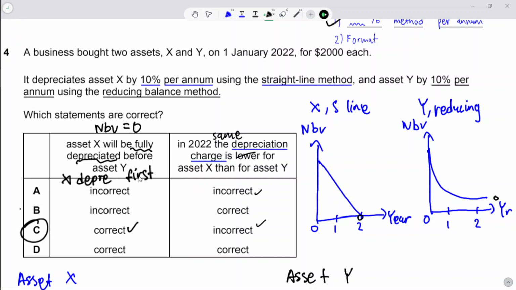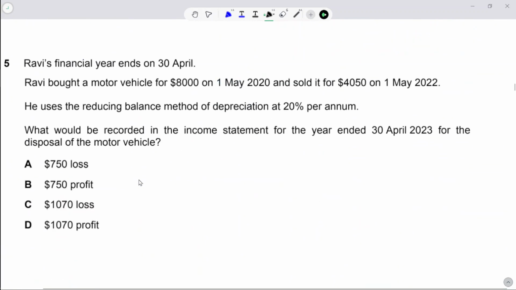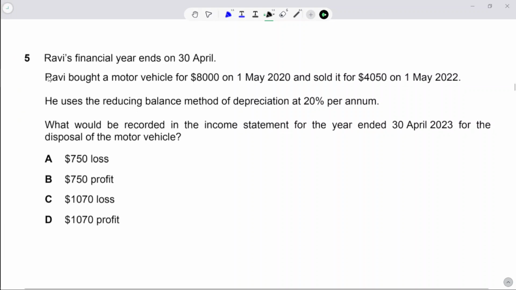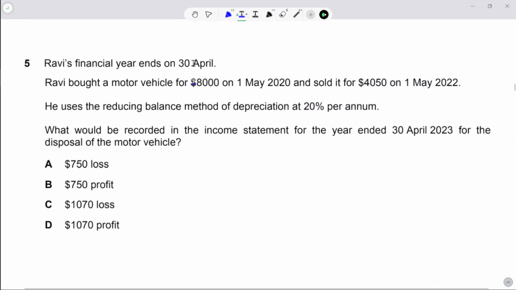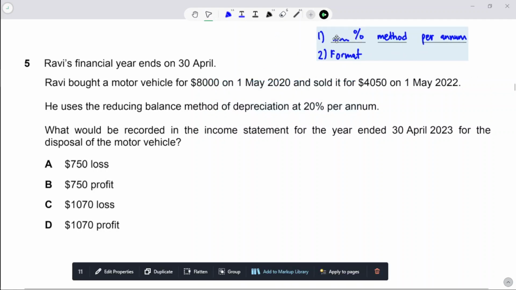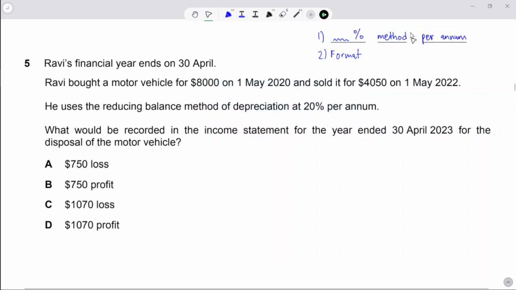Okay, now let's go to the next one. Now let's go to question 5. The first thing you want us to do is highlight percentage method and per annum. Then let's draw down the format.